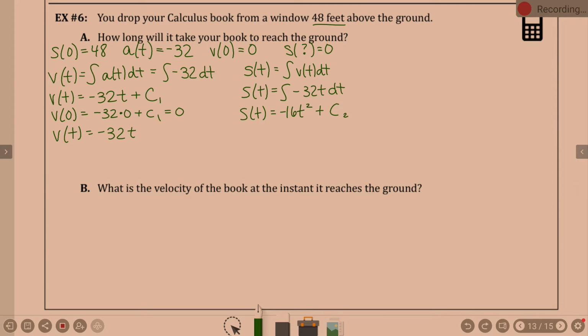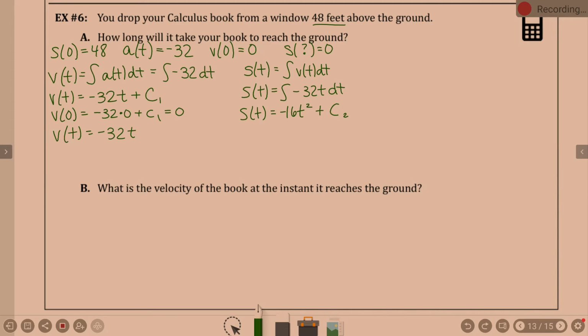What is that constant going to be? 48. Because when time is 0, my height is 48, yes? So if you want to go ahead and just write, and you'll see this done in the notes a lot, just that it's going to be negative 16t squared plus 48, that's fine. Don't do that, though, if the 0 is going to make something happen.